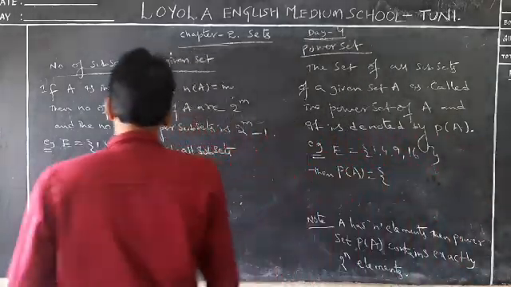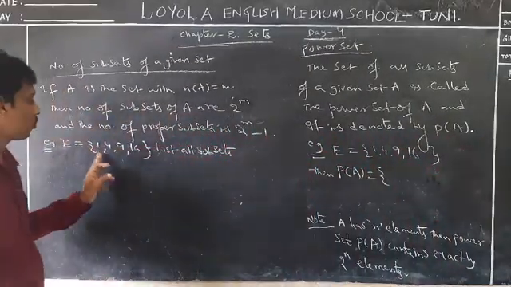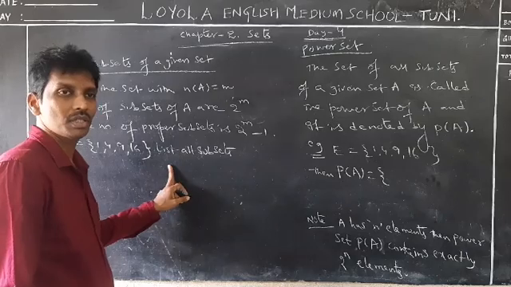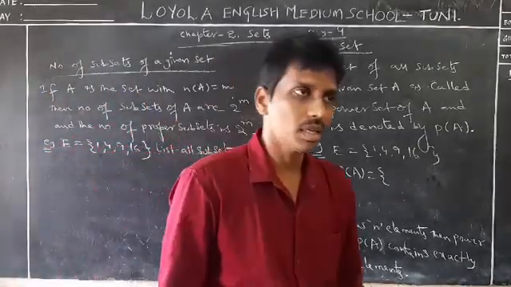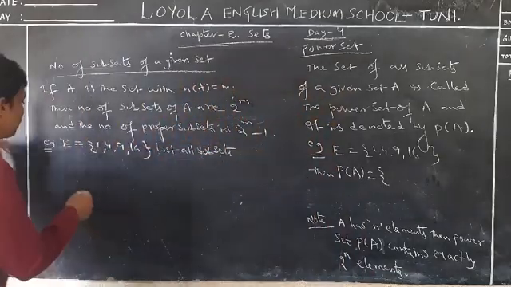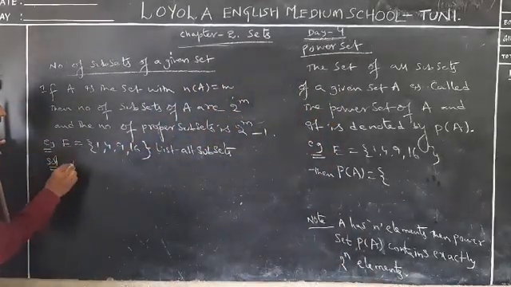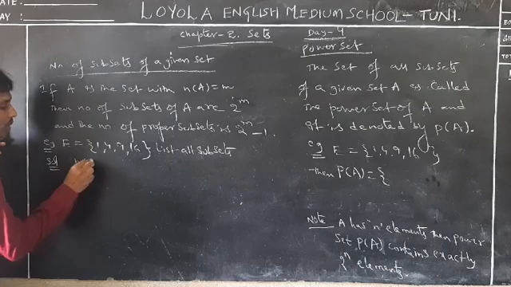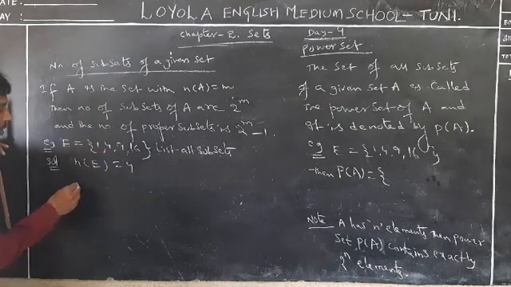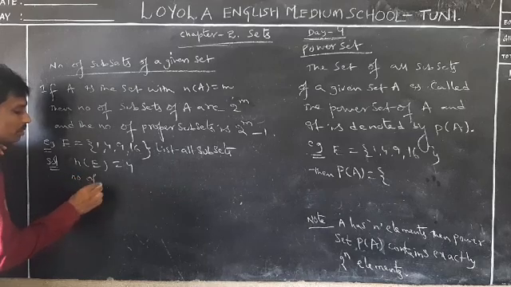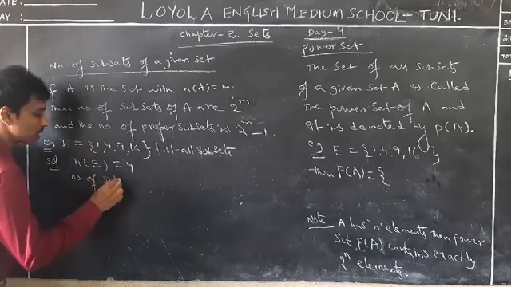Let us consider a set E = {1, 4, 9, 16}. List all subsets. While writing the solution, first of all you write n(E) = 4, as 4 elements are here. Now, what is the formula to get the number of subsets?